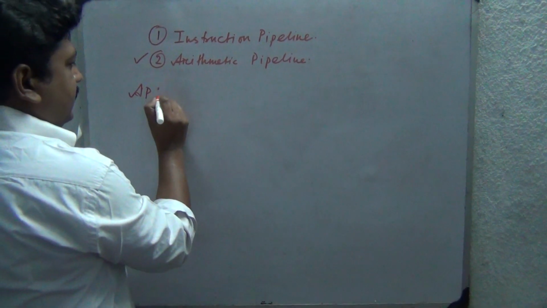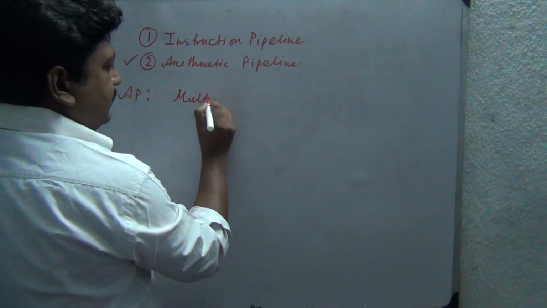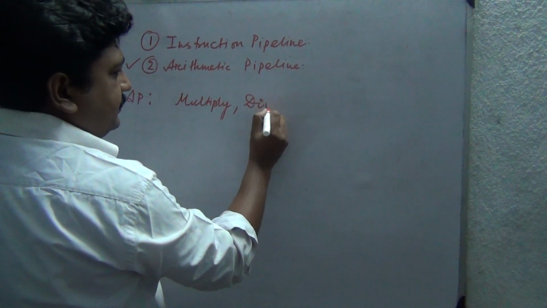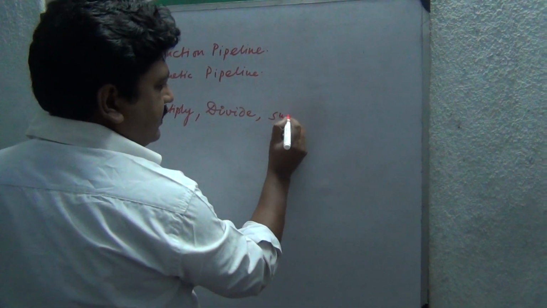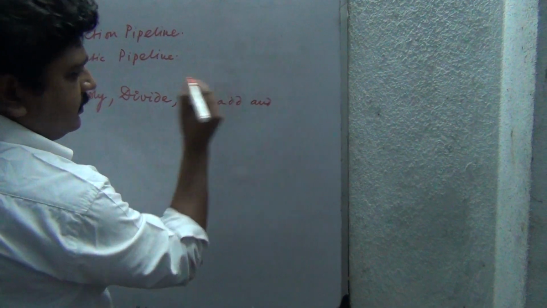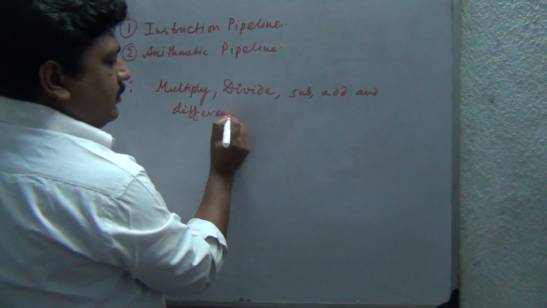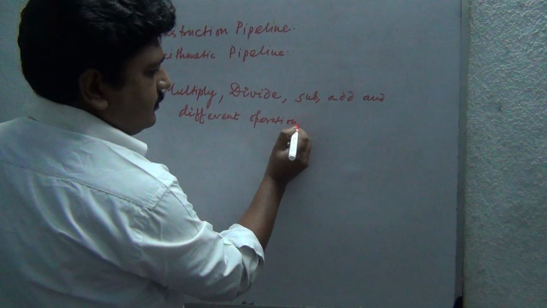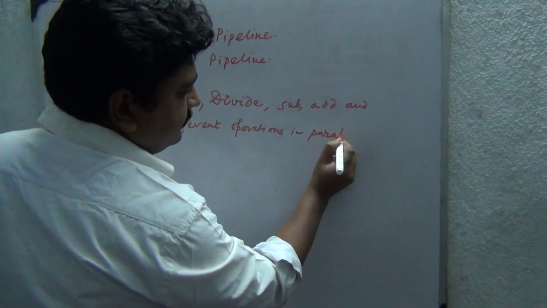Arithmetic pipeline does multiply, divide, subtract, add and different operations in parallel.